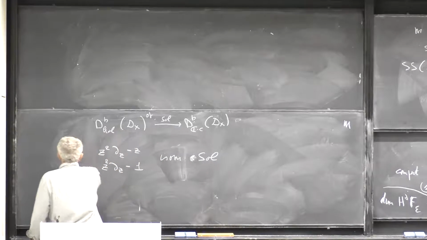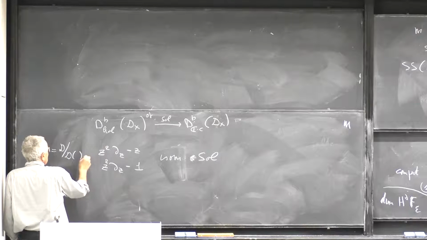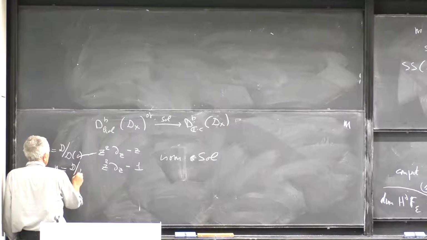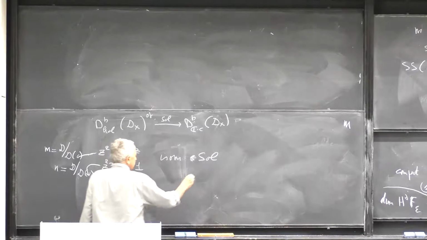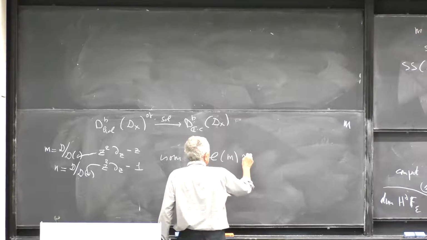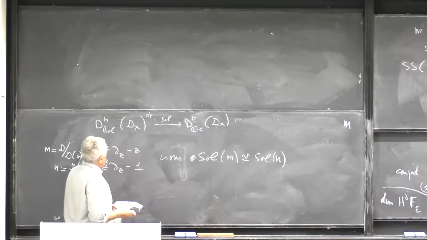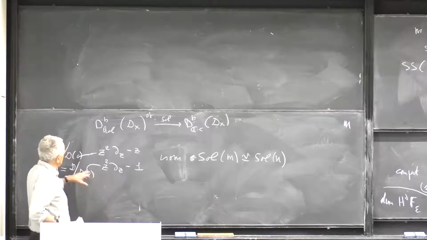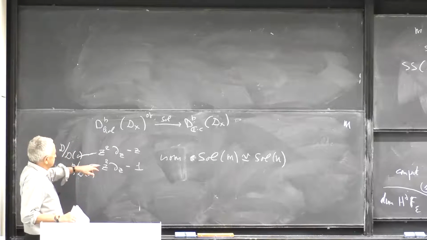Okay. So M is D divided by the ideal generated by this operator, and N equals D divided by the ideal generated by this operator. Then Sol of M is isomorphic to Sol of N. And it is well known that these two modules are not isomorphic as D-modules, because this is very classical.